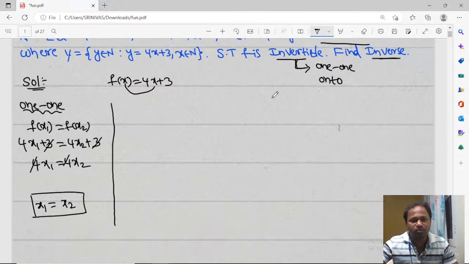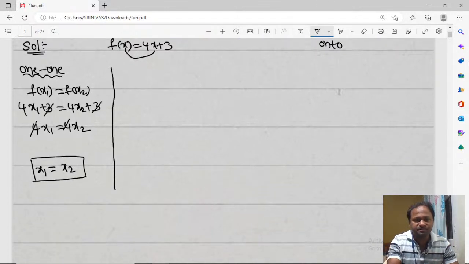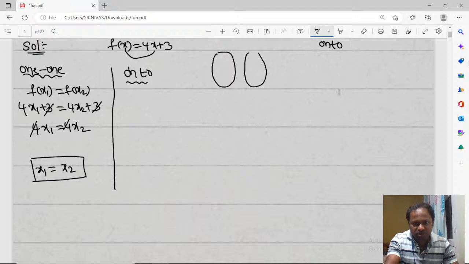Now I will move on to onto function. What is onto function? I will draw one diagram. What is the definition of onto? Suppose f from A to B, this is the domain and this is the codomain.